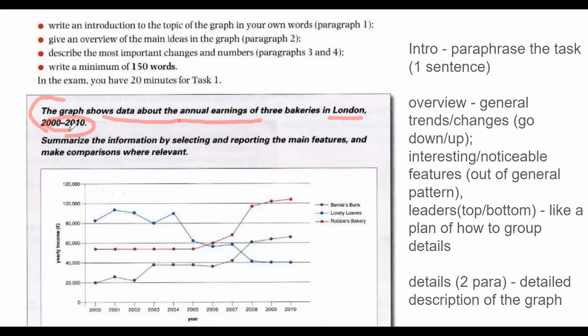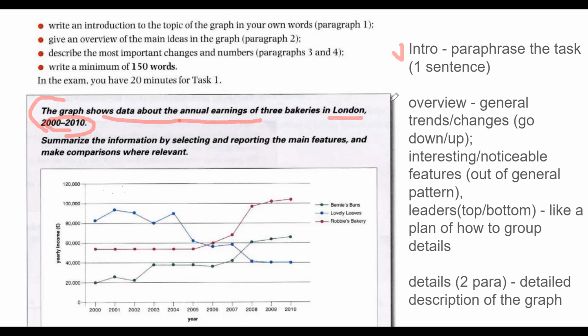But normally in any kind of writing task 1, you will see a little piece of information. So let's come back to the structure. In order to write the introduction, you just simply paraphrase this sentence. That's it. So at this point, you have to take notes. This is how you write your intro.